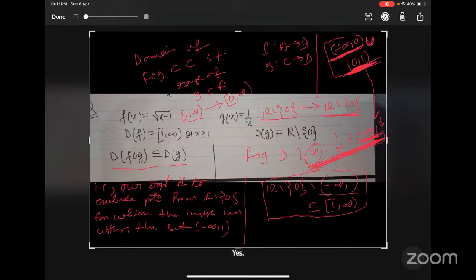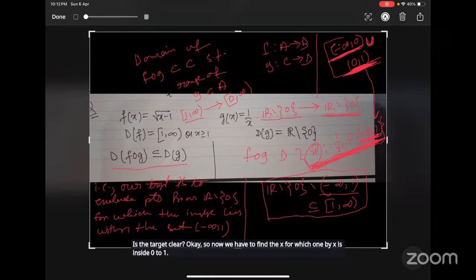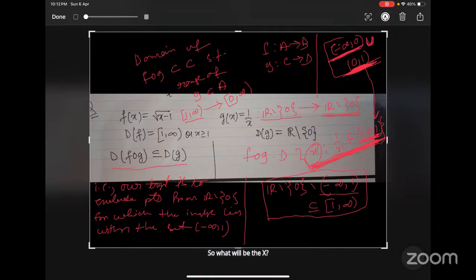Yes, ma'am. Okay. So now we have to find the x for which 1 by x is inside 0 to 1. So what will be the x? If I reverse it, it will be 1 to infinity, right? Yes, ma'am. That means those are the x we have to exclude from the domain of g.